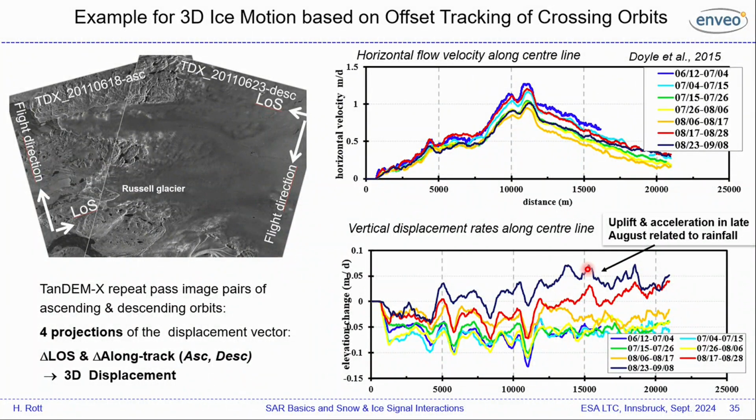The reason was that at that time there was heavy rainfall, and the intraglacial channels were already narrower than in July, and they couldn't get rid of that water, so the water filled up at the bottom, and the glacier lifted up. So this is true 3D motion, which we don't get with the surface-parallel assumption.